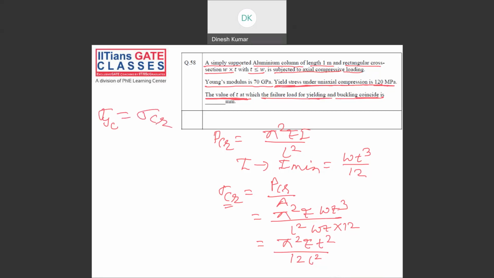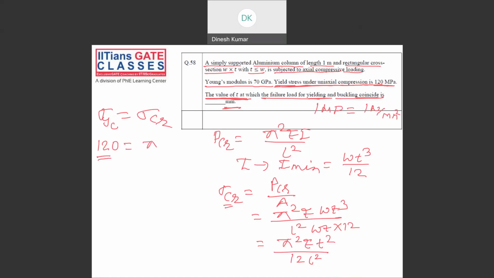So if you equate, keep all the units in mm because the answer is asked in mm. So 120 megapascal, and we know 1 megapascal is equal to 1 Newton per mm square. So 120. Now equate this.